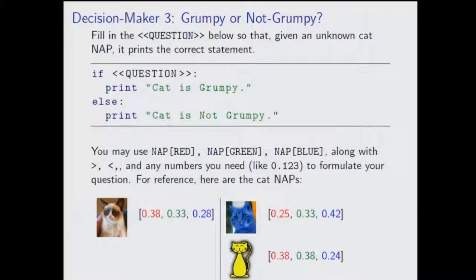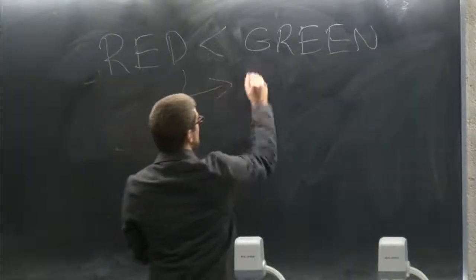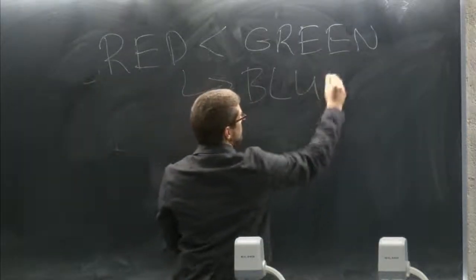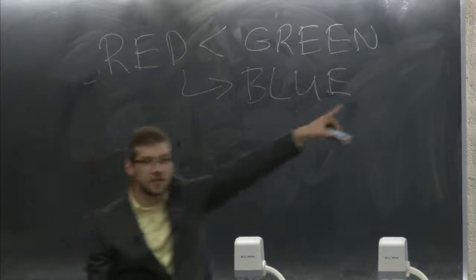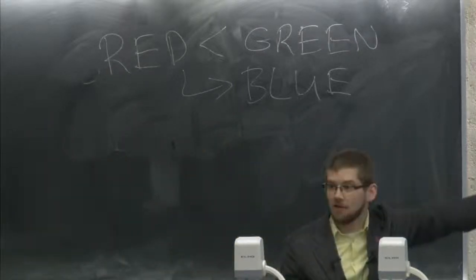So red is less than green identifies which cat? The blue cat, right? So when this is answered in the affirmative, we know it's the blue cat and we know he's not grumpy. If this is false, then we have to distinguish between the grumpy cat and the yellow cat.